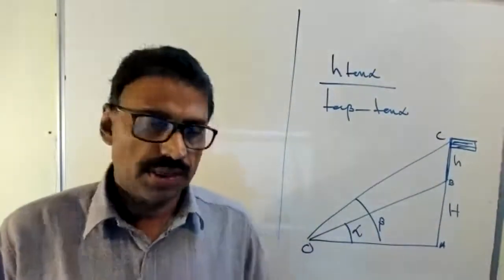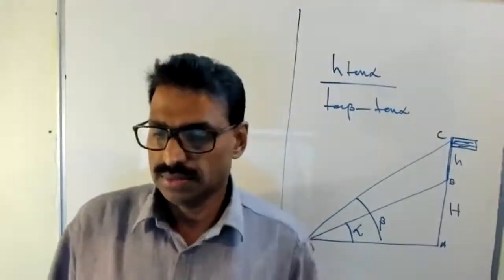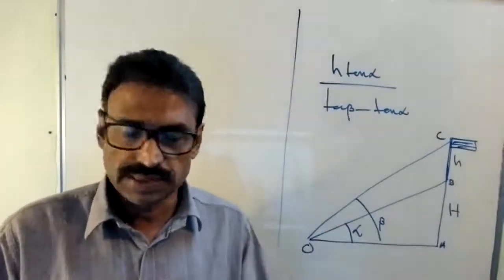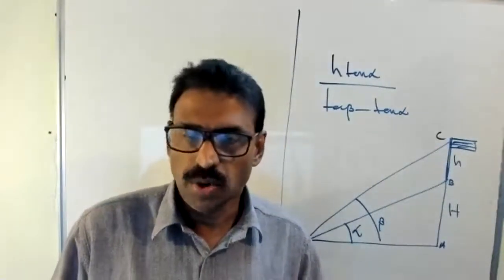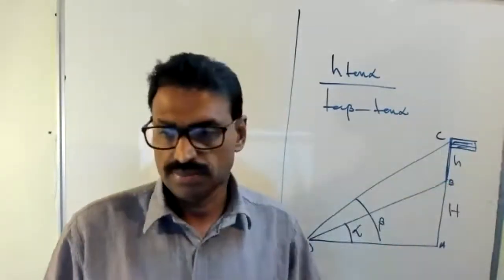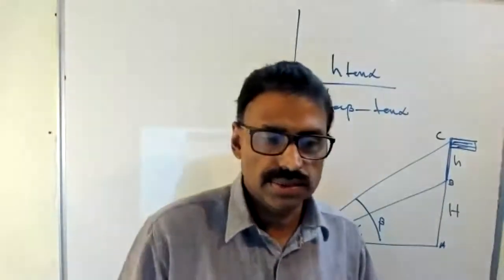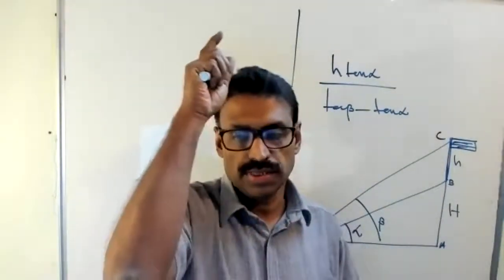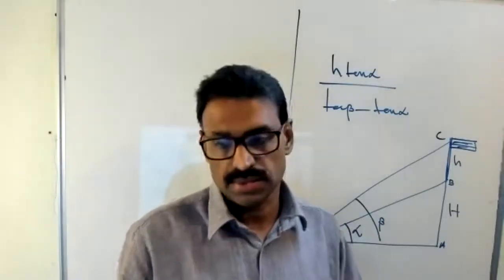Look here. Suppose you are on the ground. Imagine you are standing on the ground looking at the opposite building. First you look at the 5th floor, that angle is some angle. Then from the same point, look at the 10th floor. Is it okay or not?